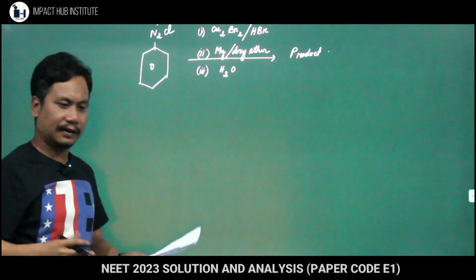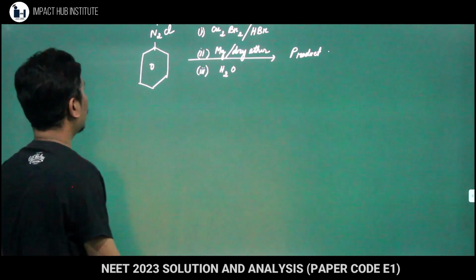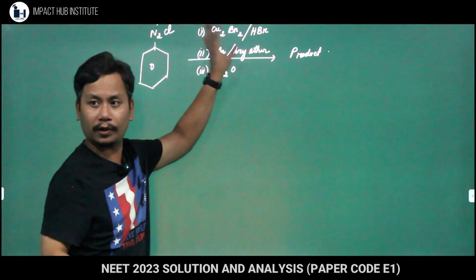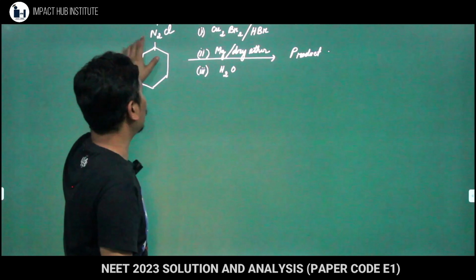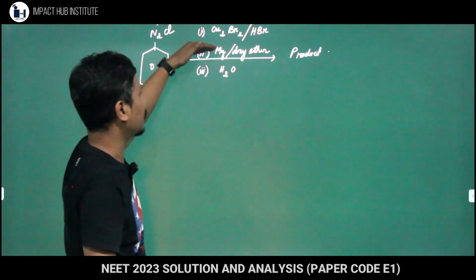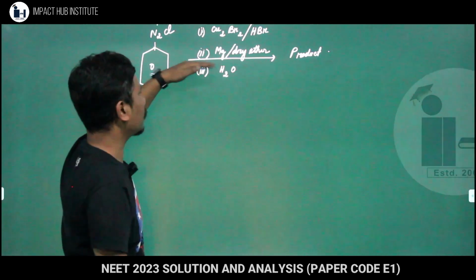You have to identify the compound here. Now you see this is benzene diazonium chloride. This reaction is undergoing in 3 steps, so 3 different reactions are there. One is reacting with copper bromide in presence of HBr, one is magnesium with dry ether, and one is with water.